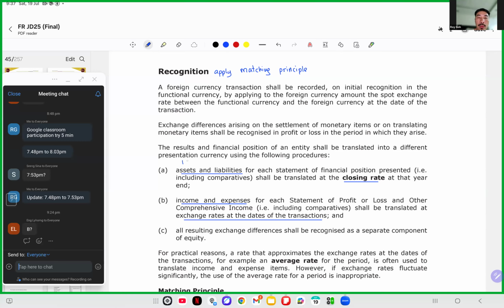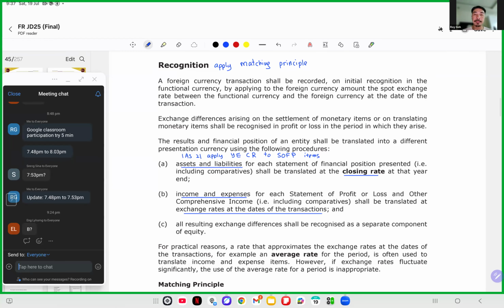IAS 21 shall apply the year-end closing rate, CR, this is called the closing rate, to balance sheet items, statement of financial position items, called assets and liabilities, always.